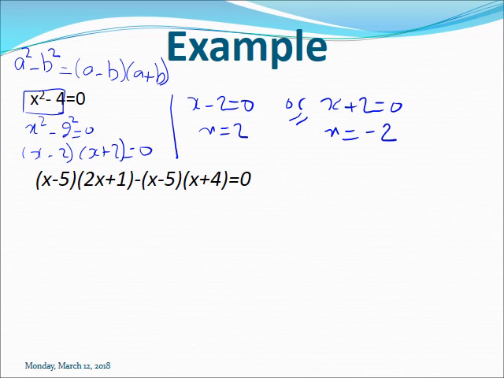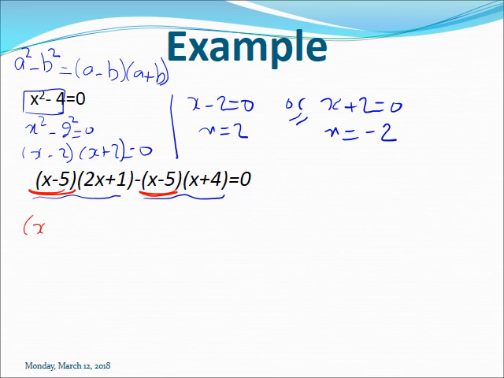Now, (x minus 5)(2x plus 1) minus x plus 5... we have two terms. Factorize, take a common factor first. The common factor is x minus 5 between the two terms.